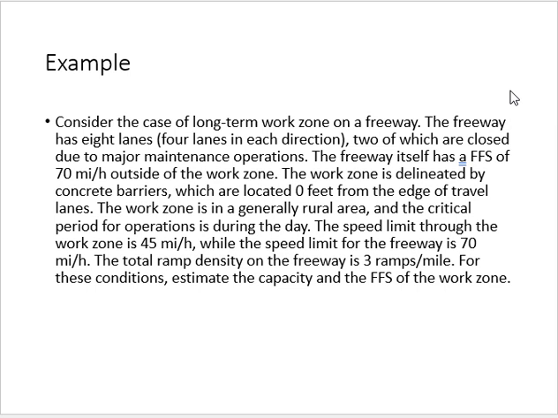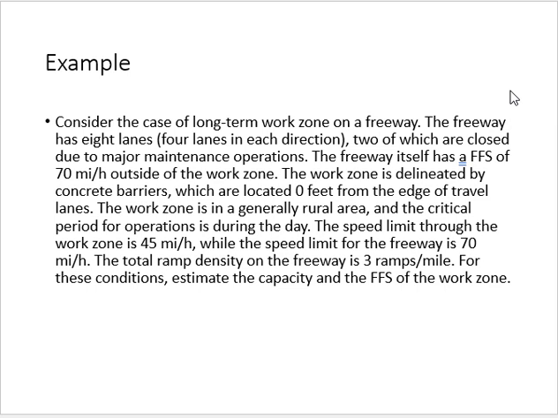The normal free flow speed is given. Outside the work zone, what was the free flow speed? How much? 70. Okay. They are using concrete barriers for the work zone. These barriers are right at the edge of the lane. So there is no distance between the barrier and the lane. No distance. Okay. It's in a rural area.